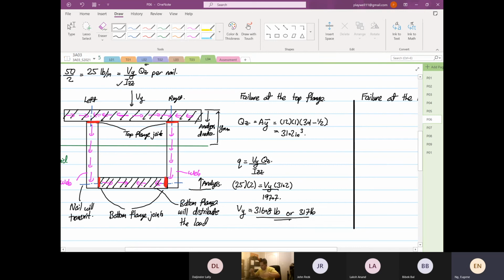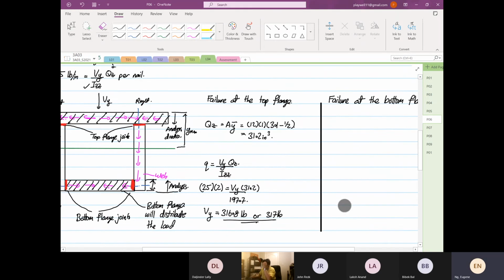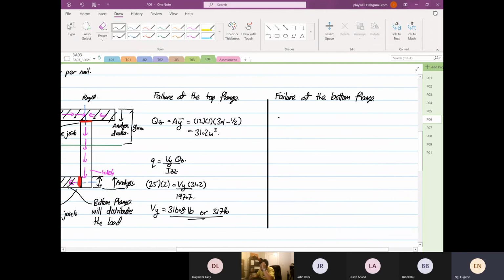Okay, so in that case, because the analysis starts from y max and goes into y equal to 0, the only member that's covered after this distance is your flange. Okay, so the Q down here is the bottom flange.